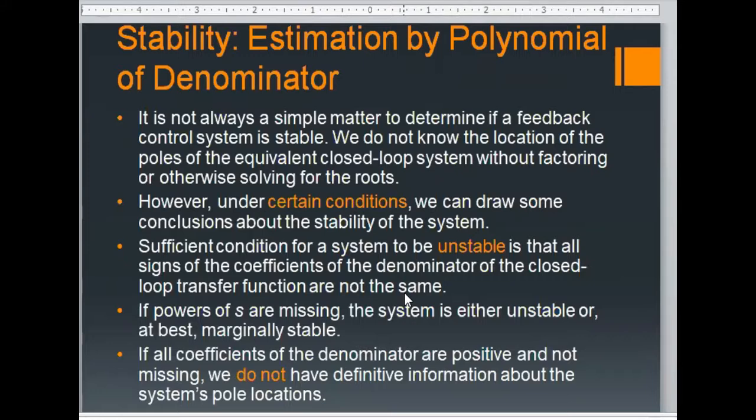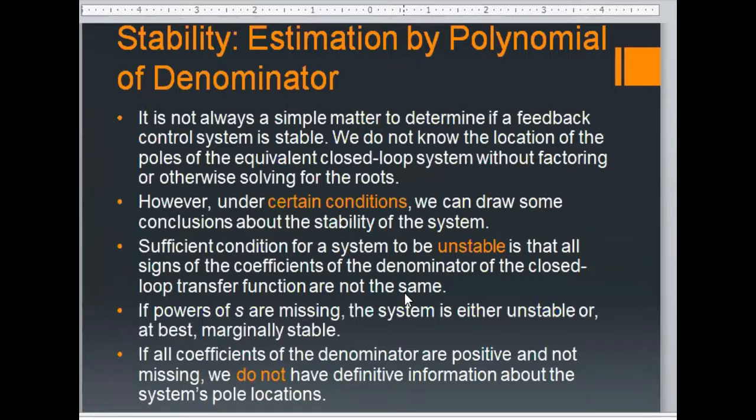If you look at the denominator of the closed loop transfer function and see any negative sign, it means that your system would be unstable even without solving for the roots, the poles of your system. Similarly, if any power of s is missing, what does it mean? For example, s^4 plus 3s^2 plus 7, where the s term is missing.